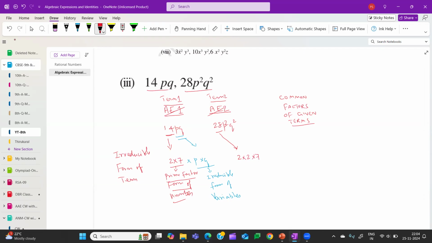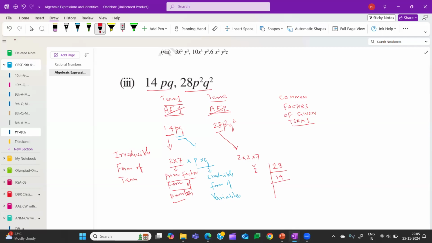If you are not aware how to bring it very quickly, then you can do it with your regular prime factorization process. The number is 28. We start with the smallest prime number and check whether it divides the given number. Can 28 be divided by 2? Yes, so 28 divided by 2 is 14. Now the new dividend is 14.